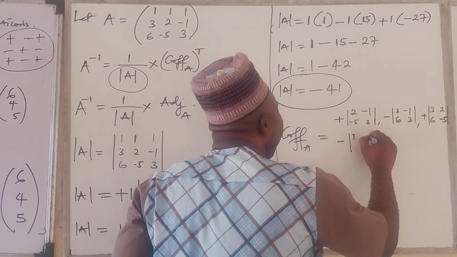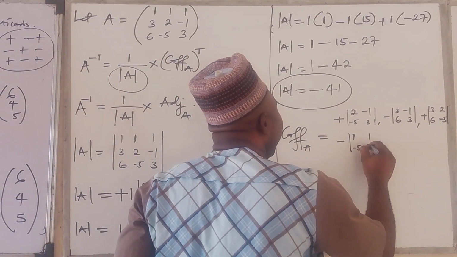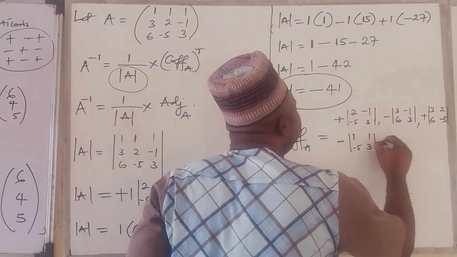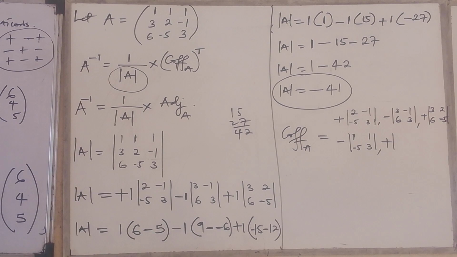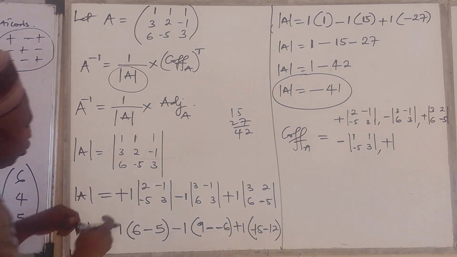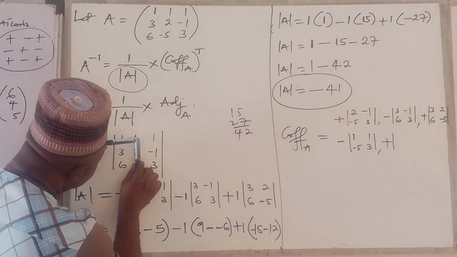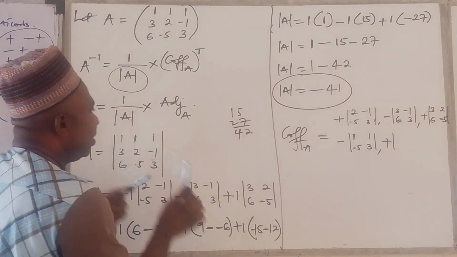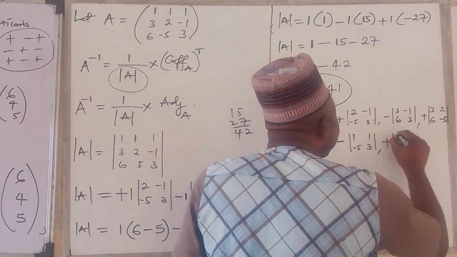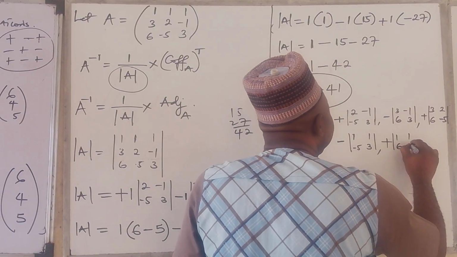So the next one will be plus. The plus tallies with 2. So you close the 2 in the column, you close the 2 in the row. So we have 1, 1, 6, 3.